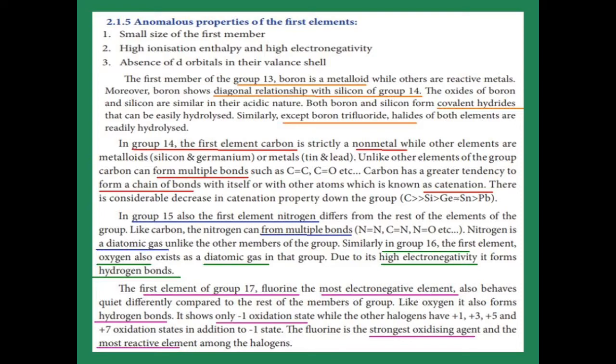Fluorine alone has different properties: it is the most electronegative element, it forms hydrogen bonds, and it has only the oxidation number -1 because of its electronegative character. The other halogens form positive oxidation states as well as -1. Fluorine is the strongest oxidizing agent, and it is the most reactive element among the halogens.